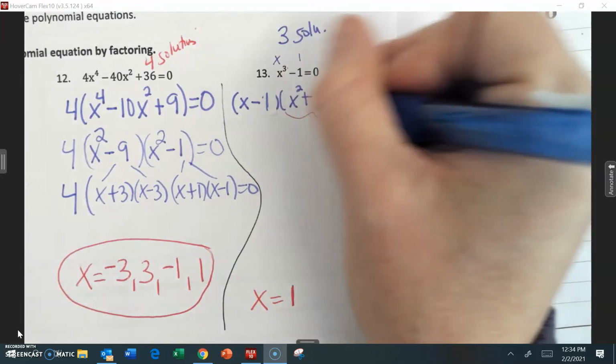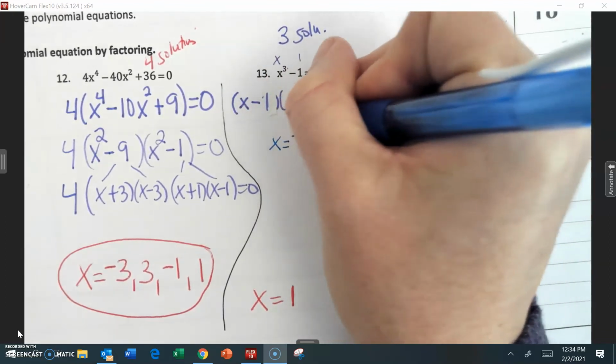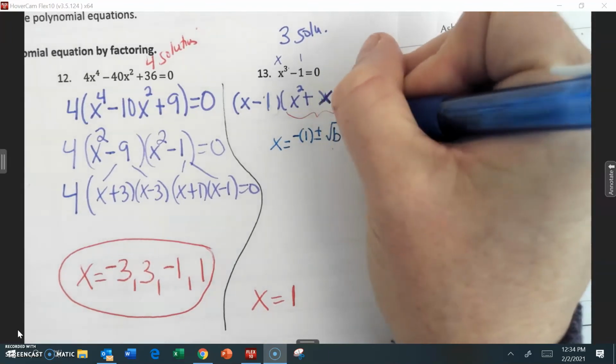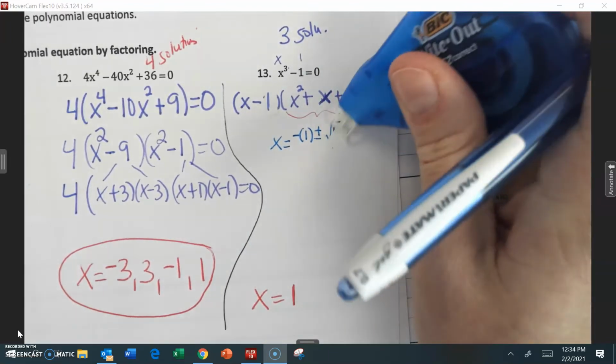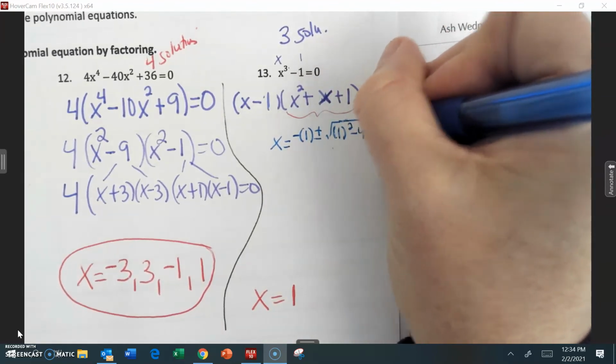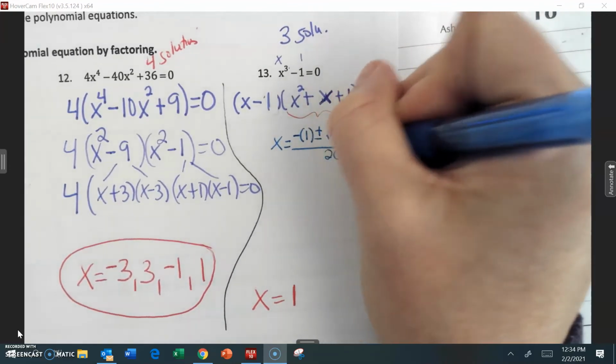So we're going to solve this trinomial by doing negative b plus or minus the square root of b squared, which I'm going to go ahead and fill in, 1 squared minus 4 times a times c all over 2 times a.